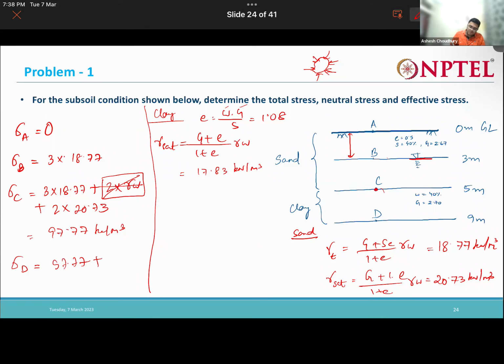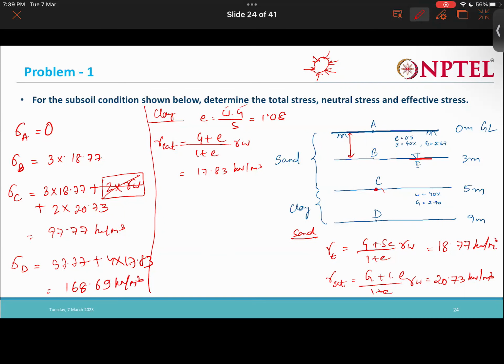It will be 4 into gamma saturated for this one, that is 17.83. So 168.69. Right. Okay.